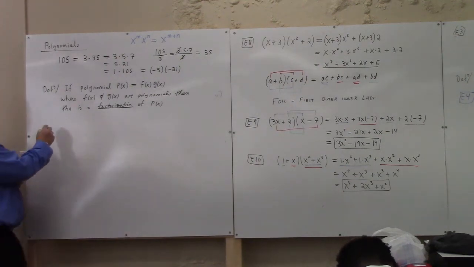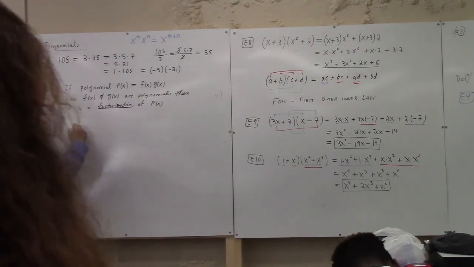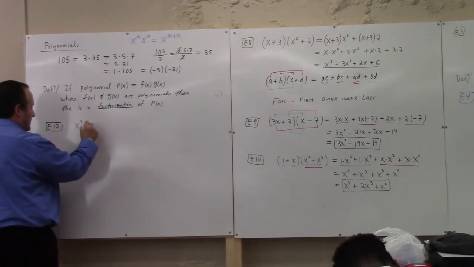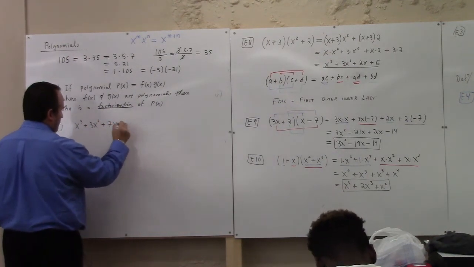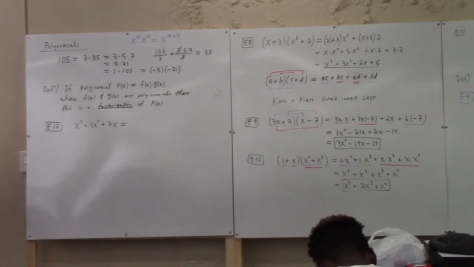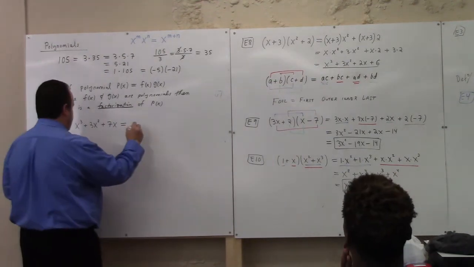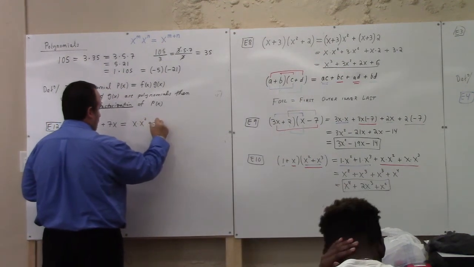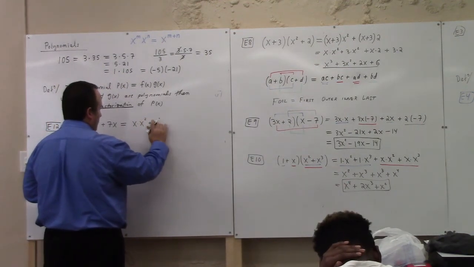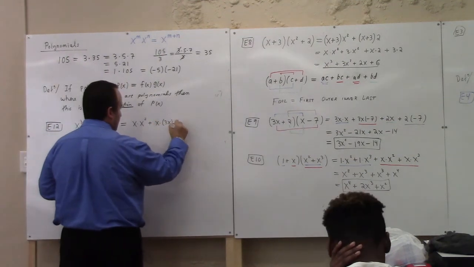So example 12, let's try this. What if I had x cubed plus 3x squared plus 7x? Can we factor something out of this? Well, let me show you how. There's a common x, so I could do x times x squared plus x times 3x plus x times 7.